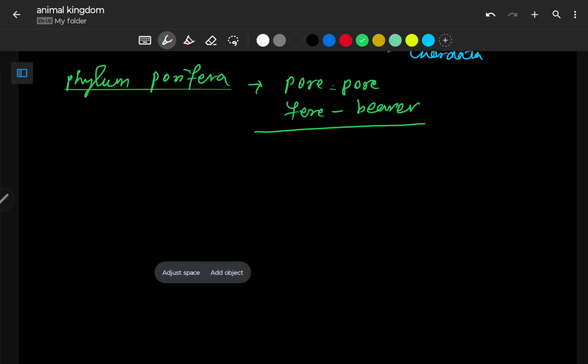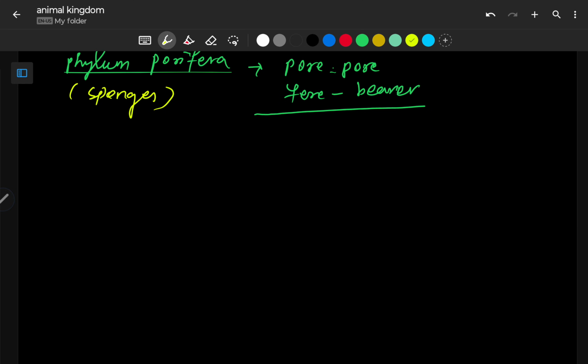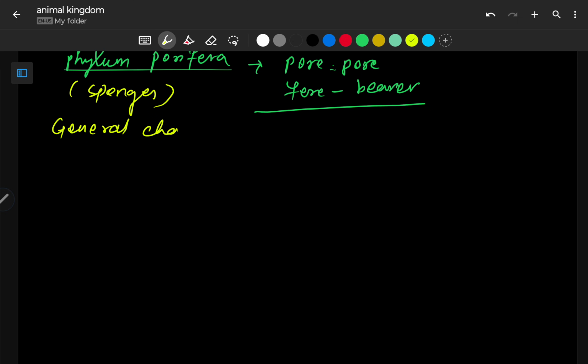Okay, and the organisms of this phylum are commonly known as sponges. So the Porifera mainly includes the sponges. Okay, now come to the general characteristics. So let us see what are the general characteristics.